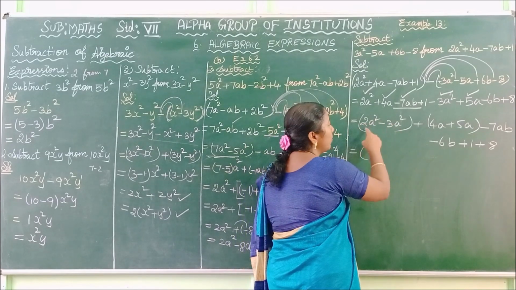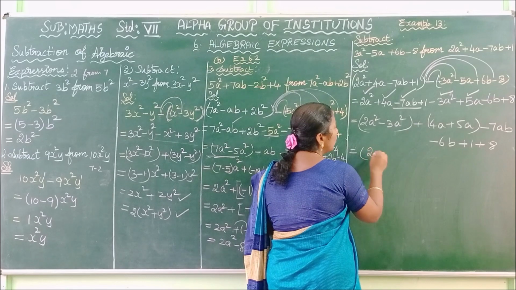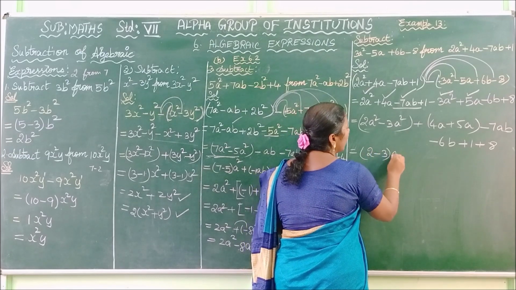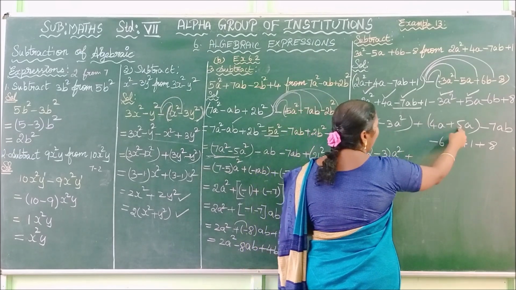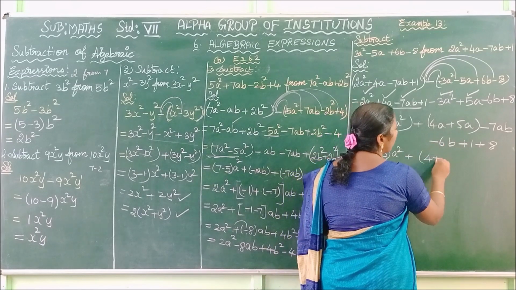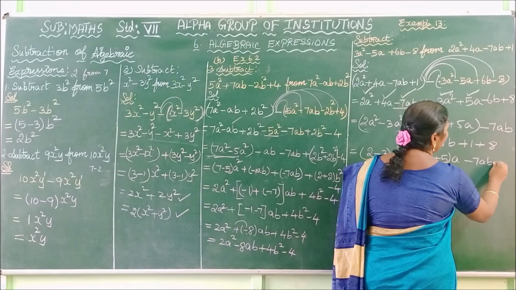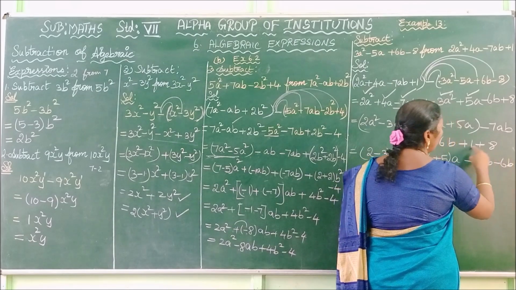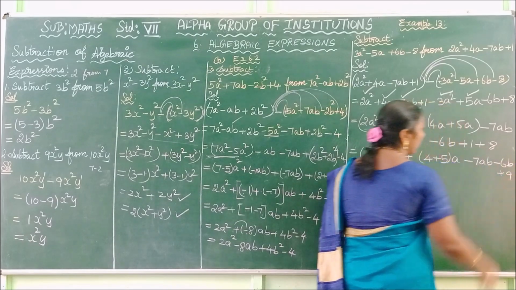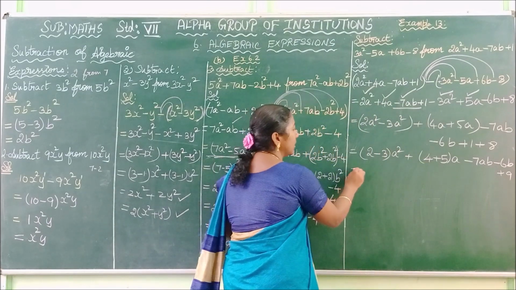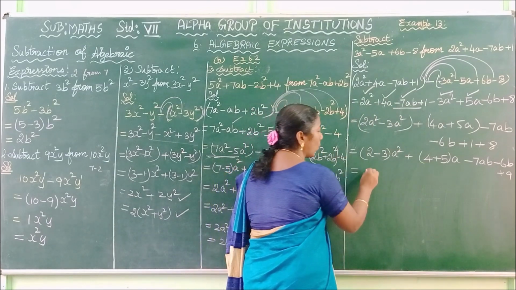You have to simplify the numerical coefficients. So 2 minus 3 a square. See here. Add the coefficients 4 plus 5a, minus 7ab, minus 6b, 1 plus 8, 9. Okay. 2 minus 3. What is your answer? Minus 1.